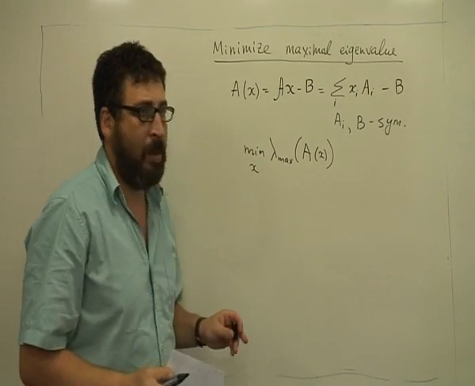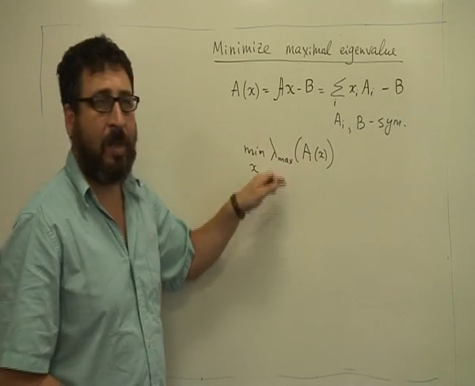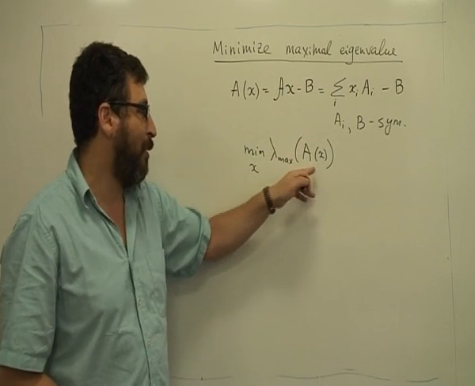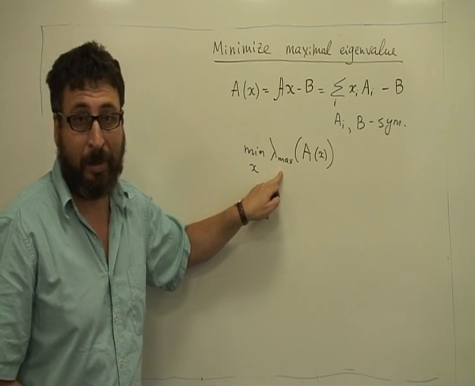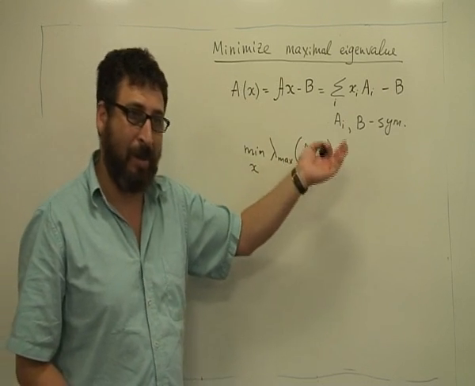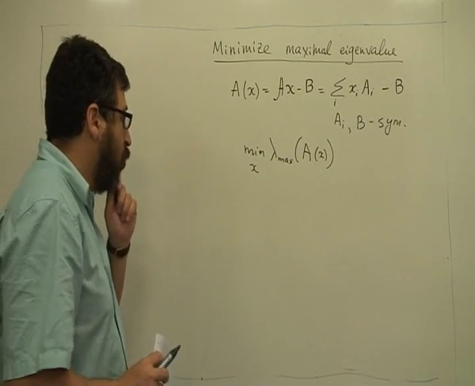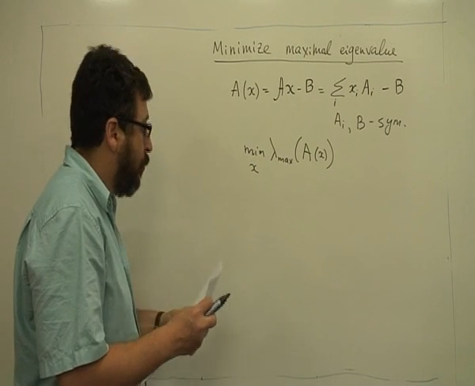So it can depend, for example, on the stability of a control system and so on. It depends on this maximal eigenvalue, whether it's larger than 1 or smaller than 1 and so on. How can we deal with this problem?